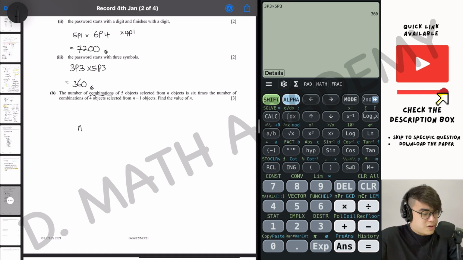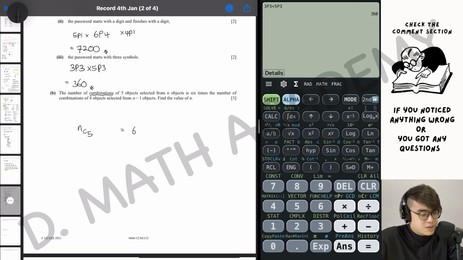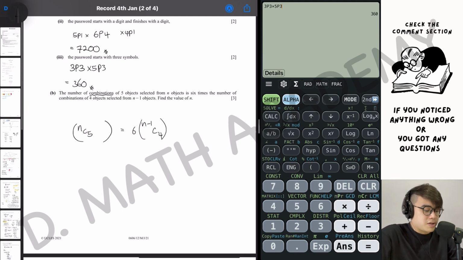So nC5, okay, was what I derived. And this results here is 6 times n minus 1 C4. This is what they were trying to tell us. So through this, you can expand it using the formulas given to you at the start here.